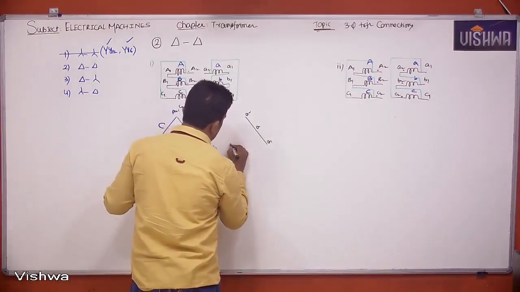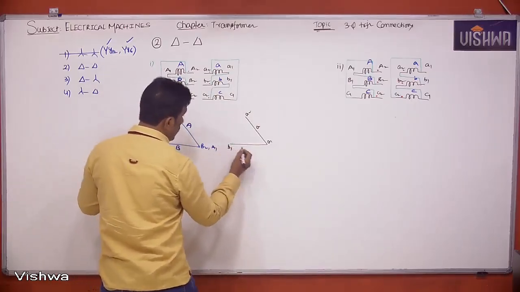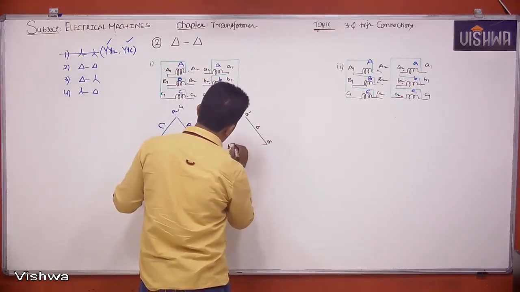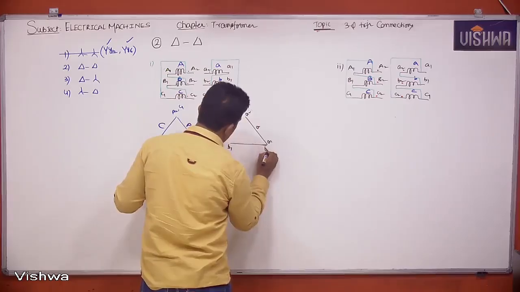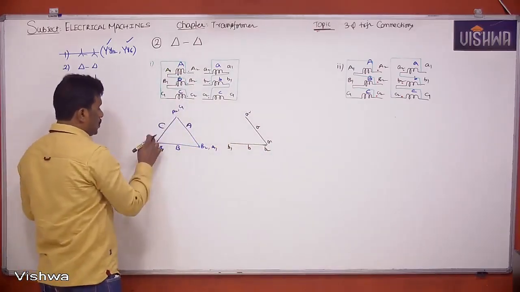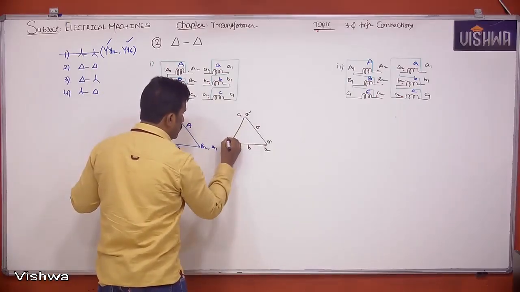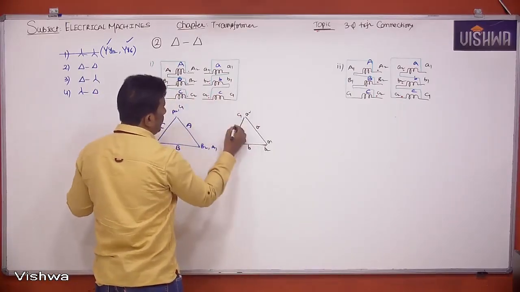So I should write like this. This is small b1, small b2, b. Now C1, C2. So I'll draw like this. C1, C2 means capital C.